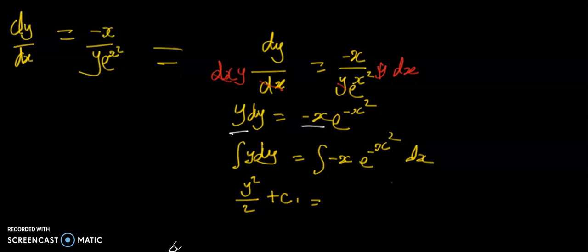We might need to use u substitution, because if you observe, we have a negative x, so there is a kind of 2 here, so we can have a half in the front and bring the 2 here. If you don't know how to do this, you can watch my previous video where I explain u substitution.